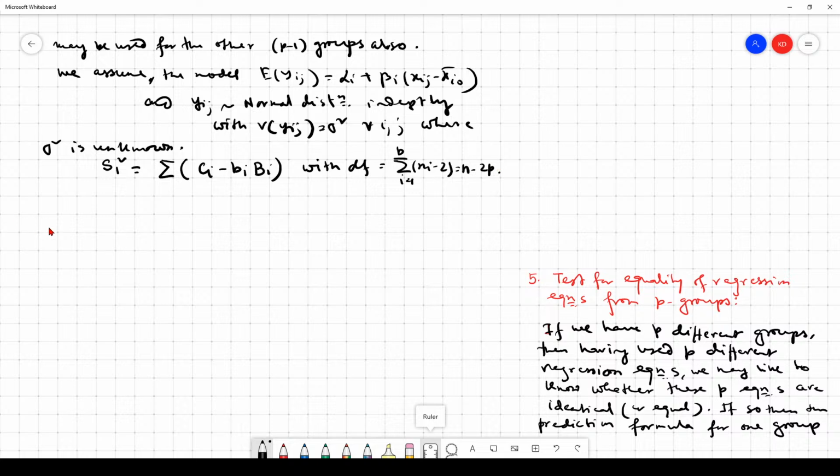Next is S2 square. This is called unrestricted residual SS, and this is restricted residual SS.